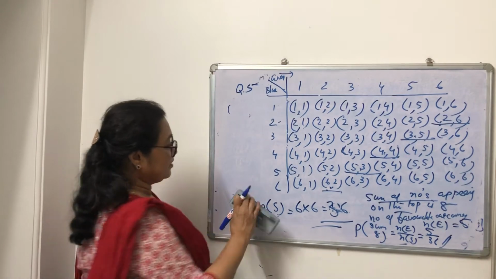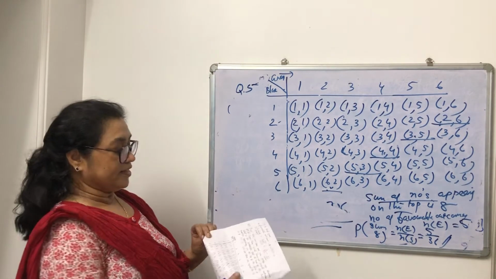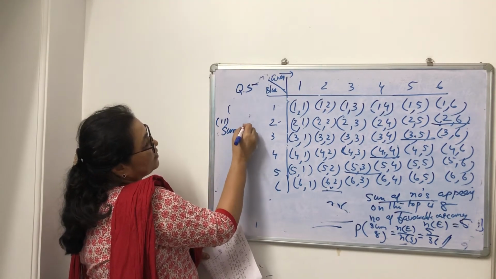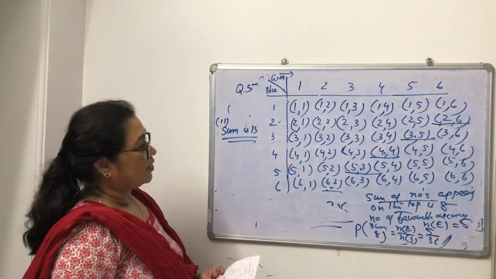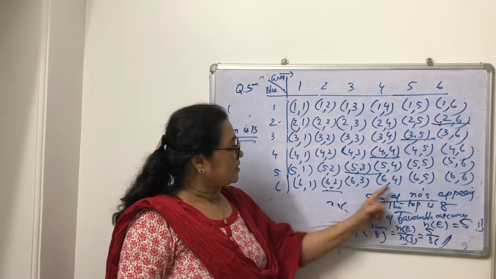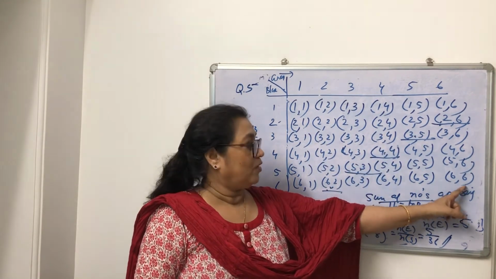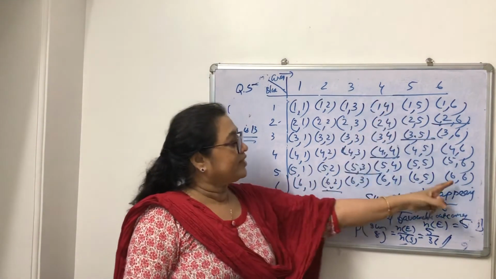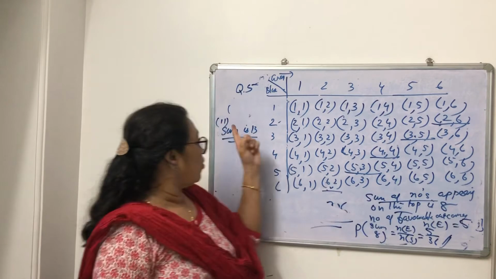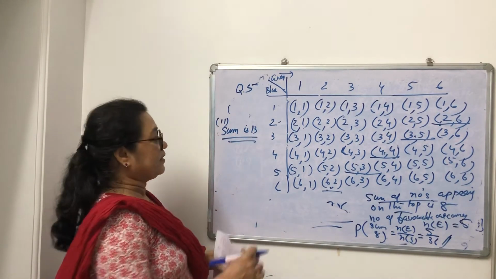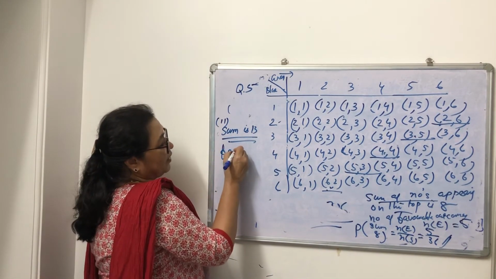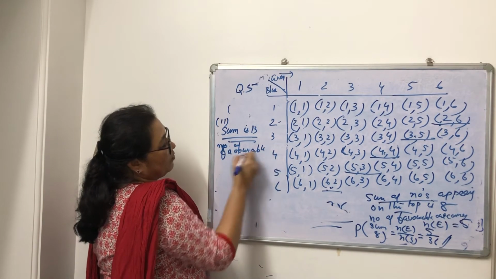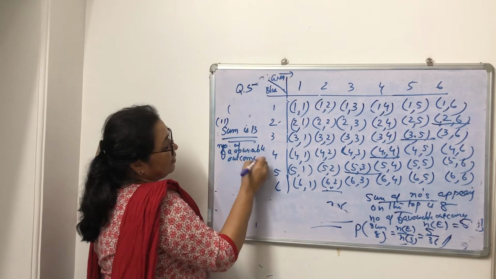The next, second part is: the sum on the top is 13. Here the maximum is 6 plus 6, 12. So all the numbers when you add them come to 12 or less. So P(sum is 13): what is the number of favorable outcomes?